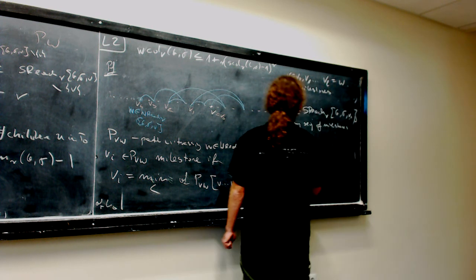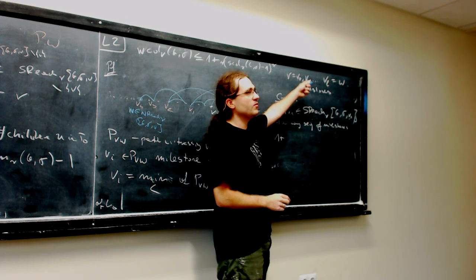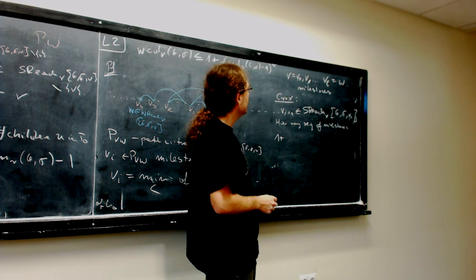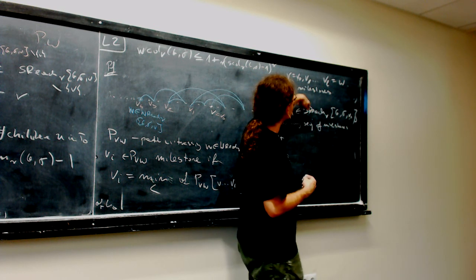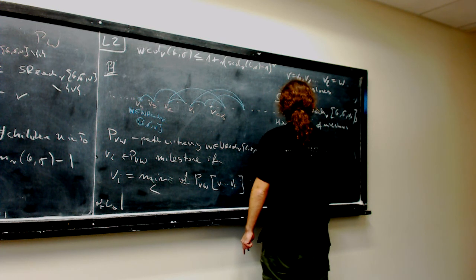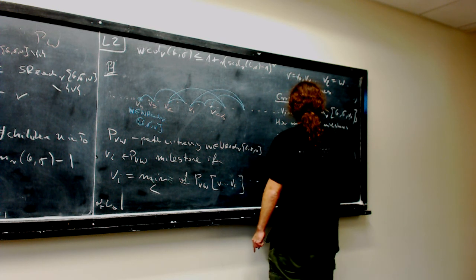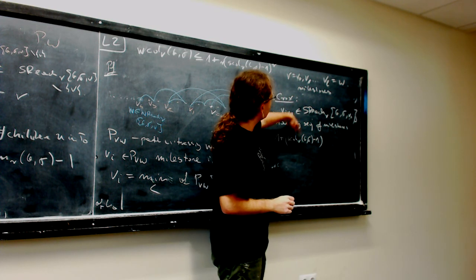Well, there's one sequence of length 1. Okay, this is of one vertex, just V. Then we can choose this guy to be in the strongly reachable set of the previous guy, so this is R sigma minus 1. This is for sequences of length 2.